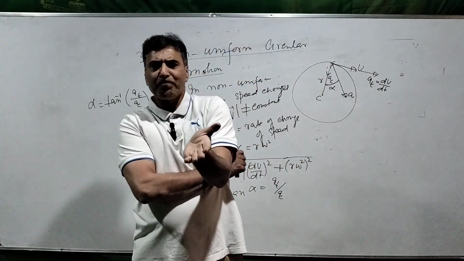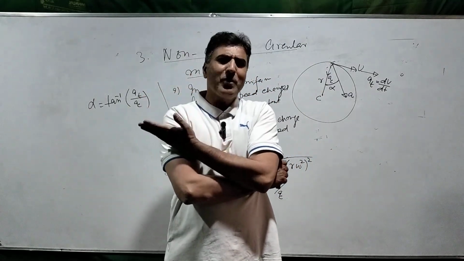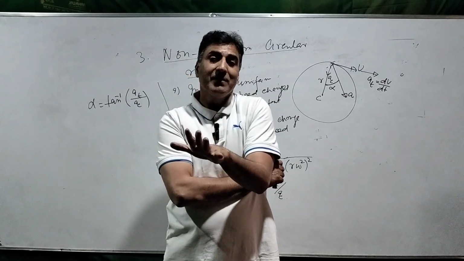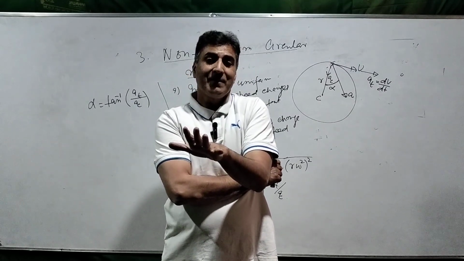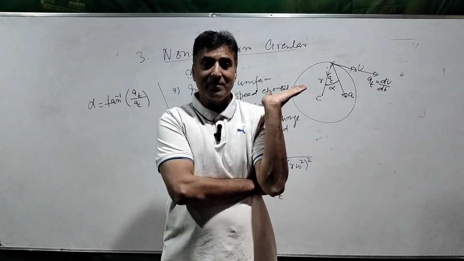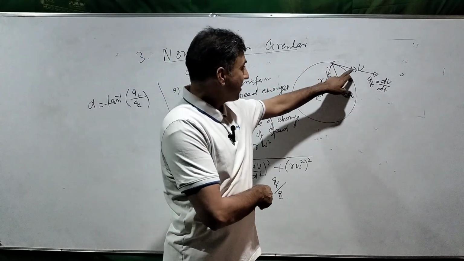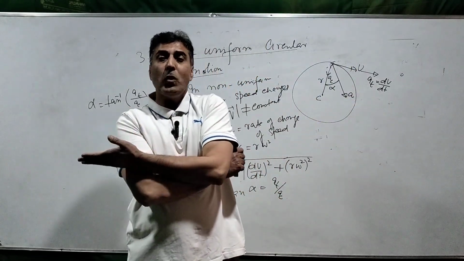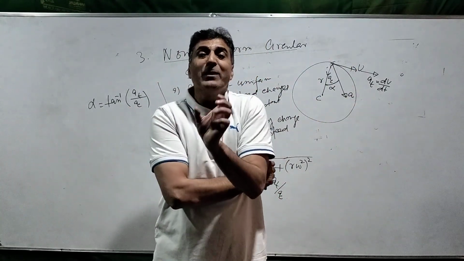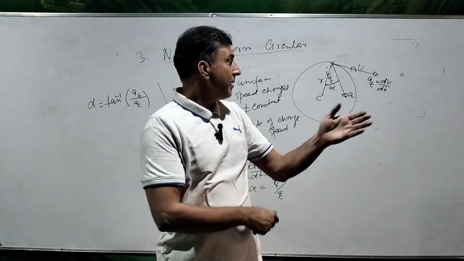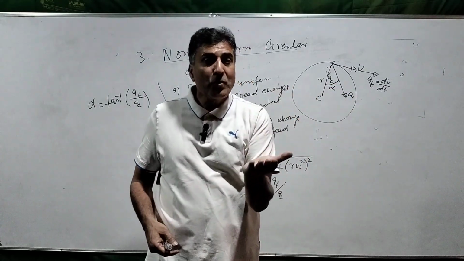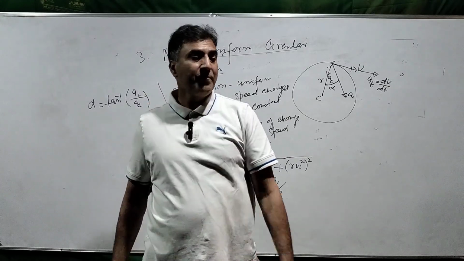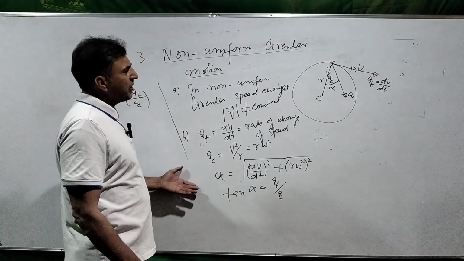Now see here, in uniform circular motion I said magnitude of speed is constant, but here magnitude of speed changes, obviously ये speed change हो रहा है, that gives rise to tangential acceleration. And there I told you that magnitude of momentum remains constant, but here magnitude of momentum changes because magnitude of momentum is m into speed, that changes because speed changes. So this is very simple, can do it now.